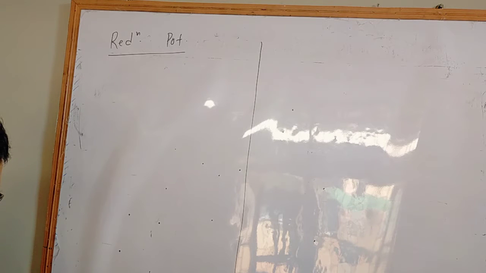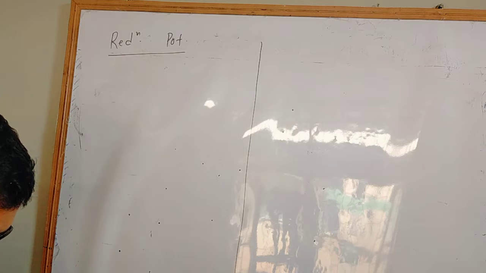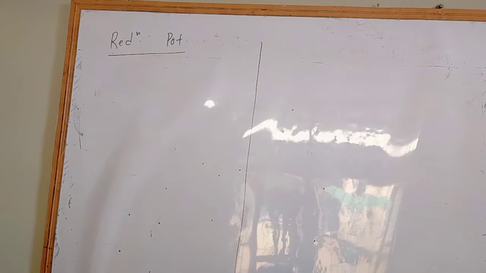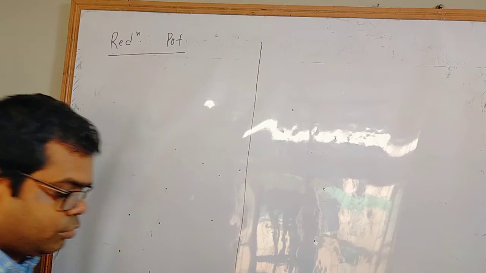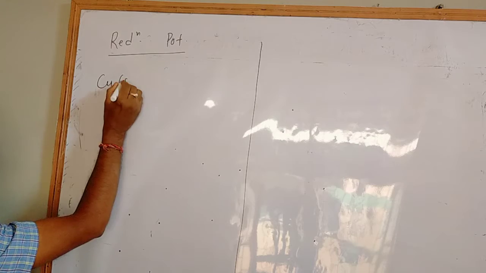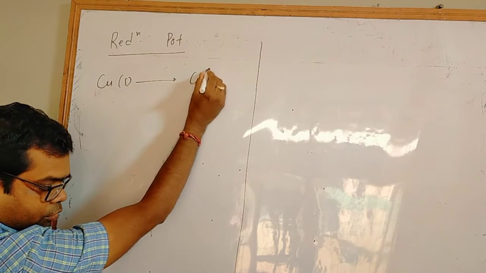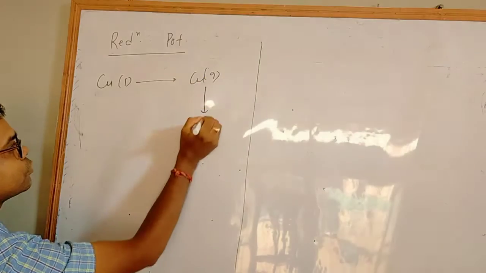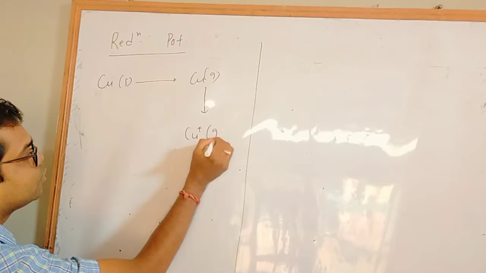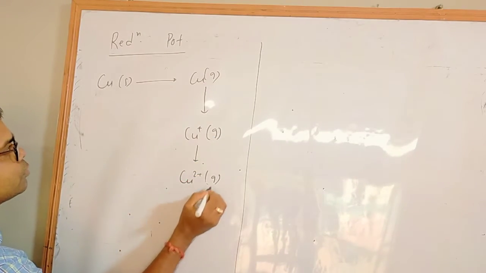So reduction potential, if I take copper for example: copper solid to copper gaseous, to copper ion gaseous, from that copper dipositive gaseous.